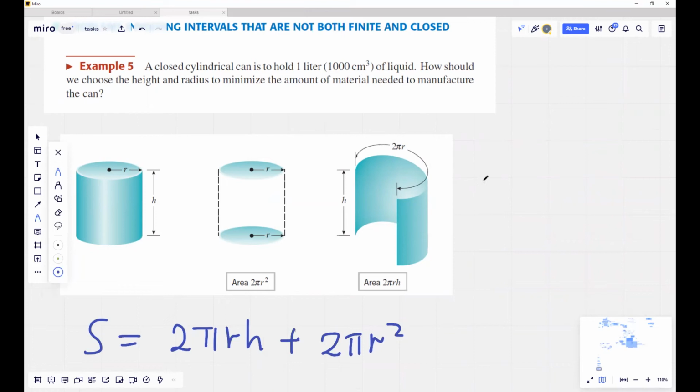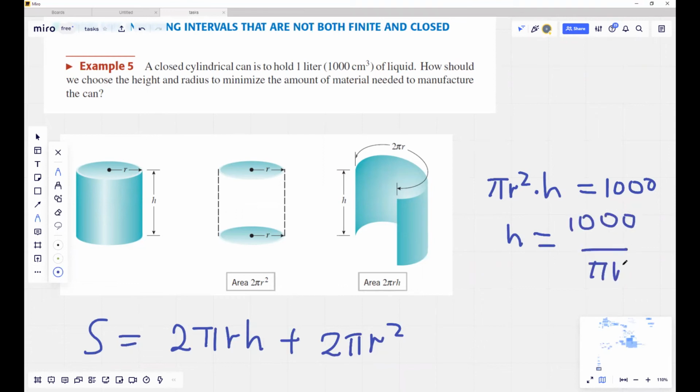The volume of a cylinder is equal to pi r squared, the area at the base, multiplied by height h. And this should be equal to 1000. Then we can replace either r or h in our function to make this a function of a single variable. So let's express h in terms of r. It is equal to 1000 over pi r squared.